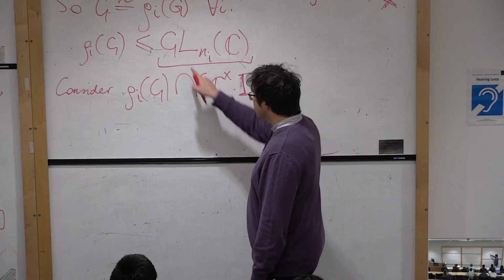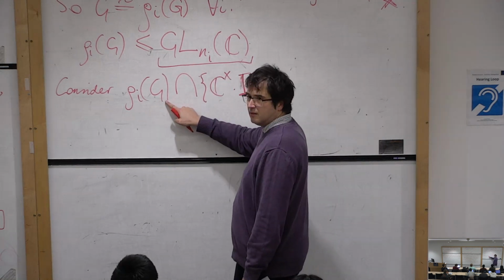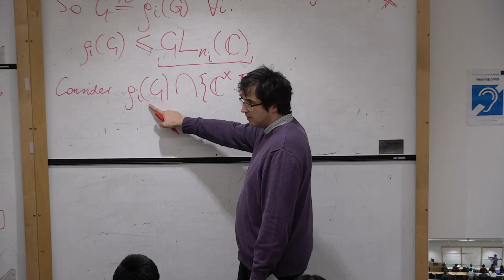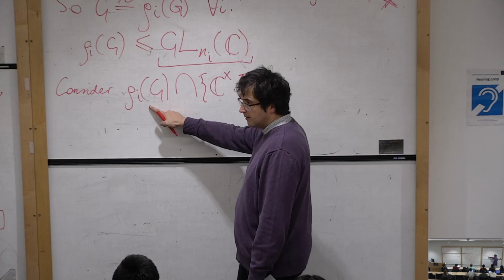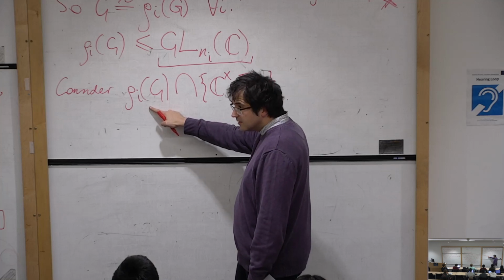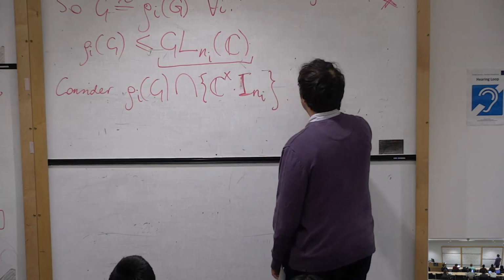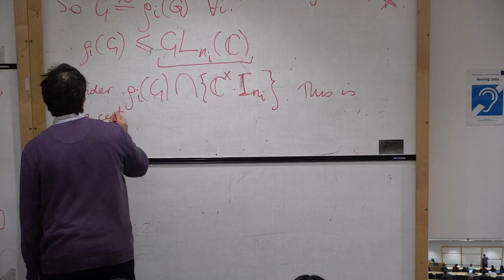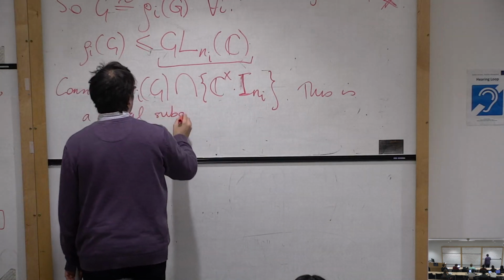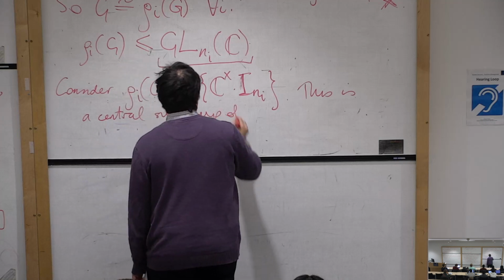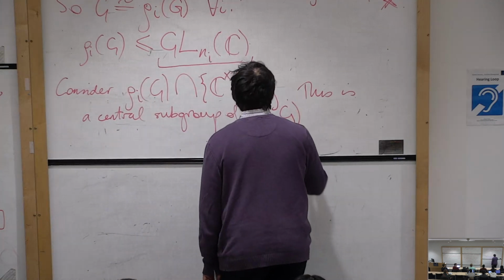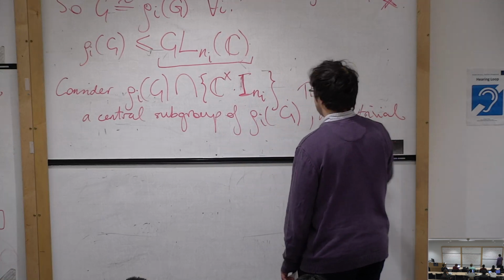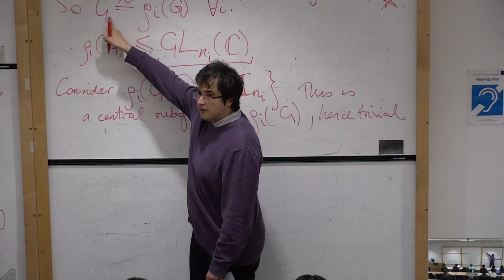Well, this is central in here, so this intersection will be central in here. That's no good if we're looking for a finite simple group. So this has to be trivial for all I. If it wasn't, then this would be a central subgroup of rho I of G, hence trivial, because this is a copy of G, and G is a finite simple group.